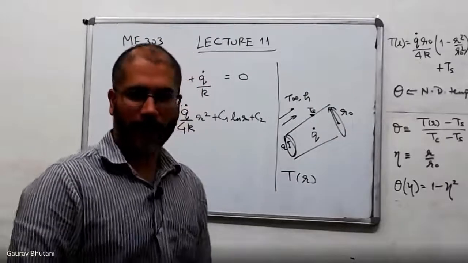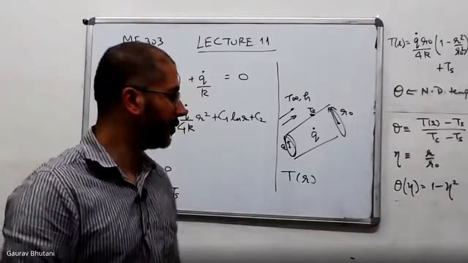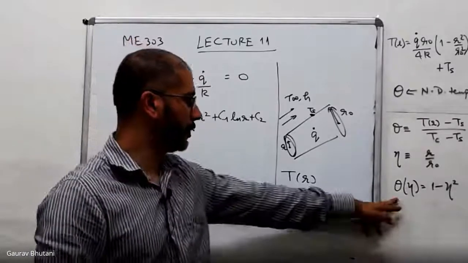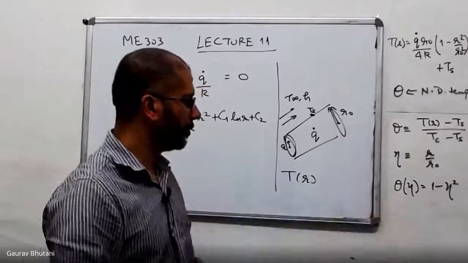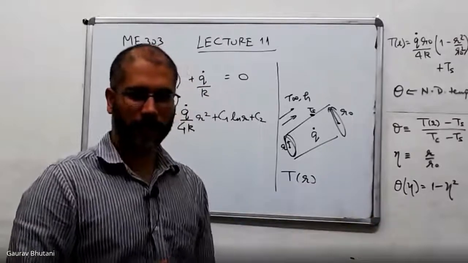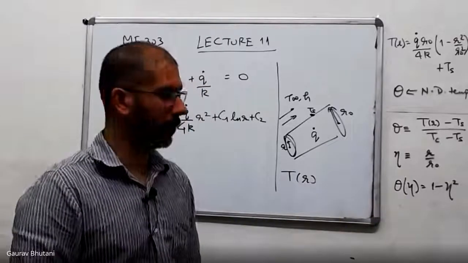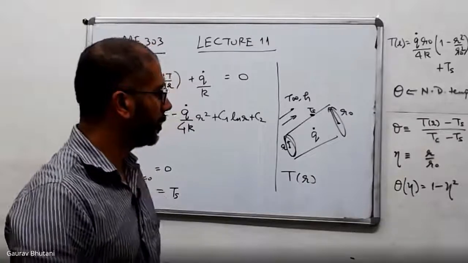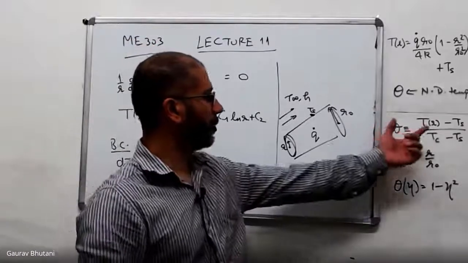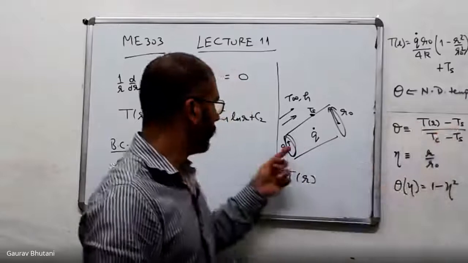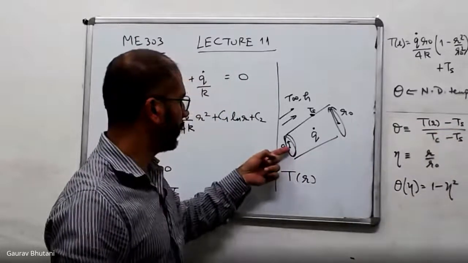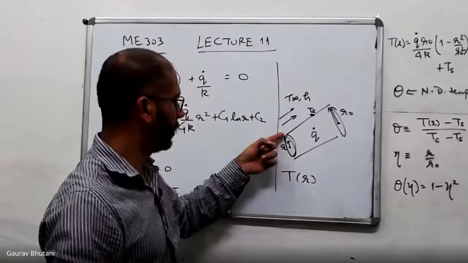Okay, so it makes our lives very easy if we use the non-dimensional form. And non-dimensional forms are always very comfortable to use. And in this case, the temperature is varying from the center temperature to the surface temperature.